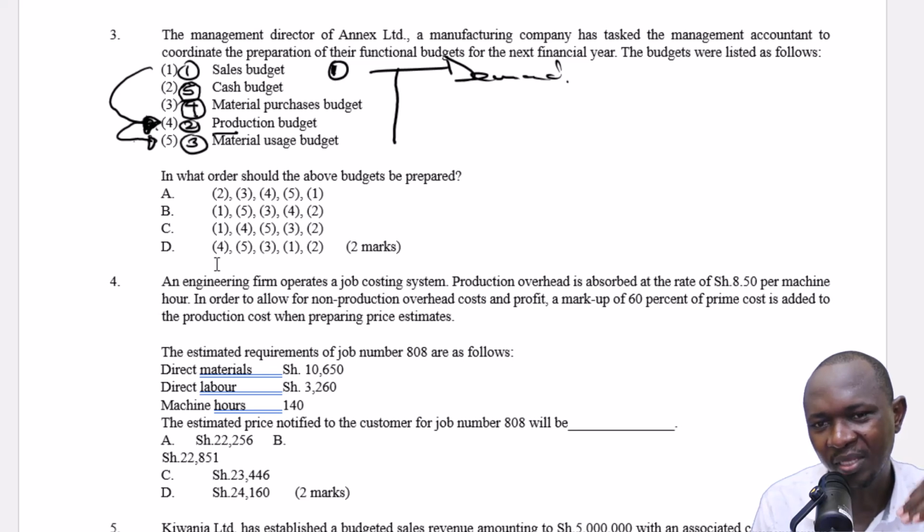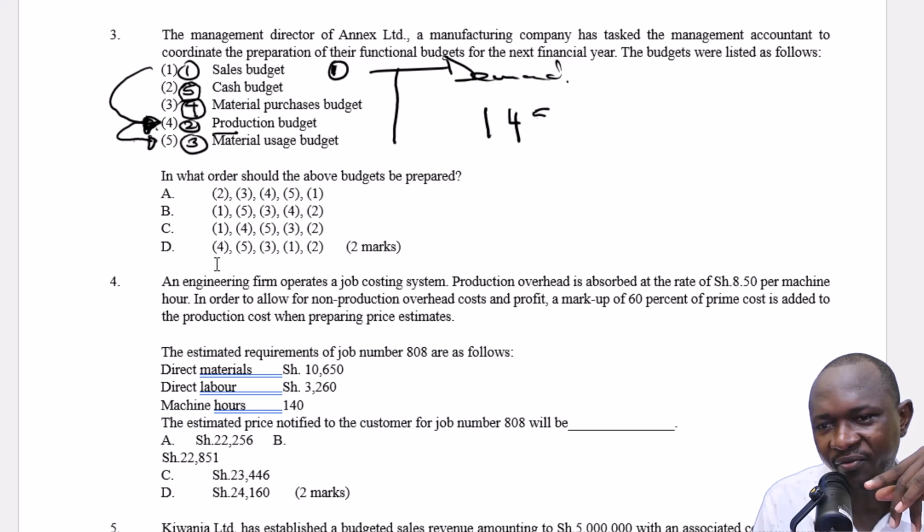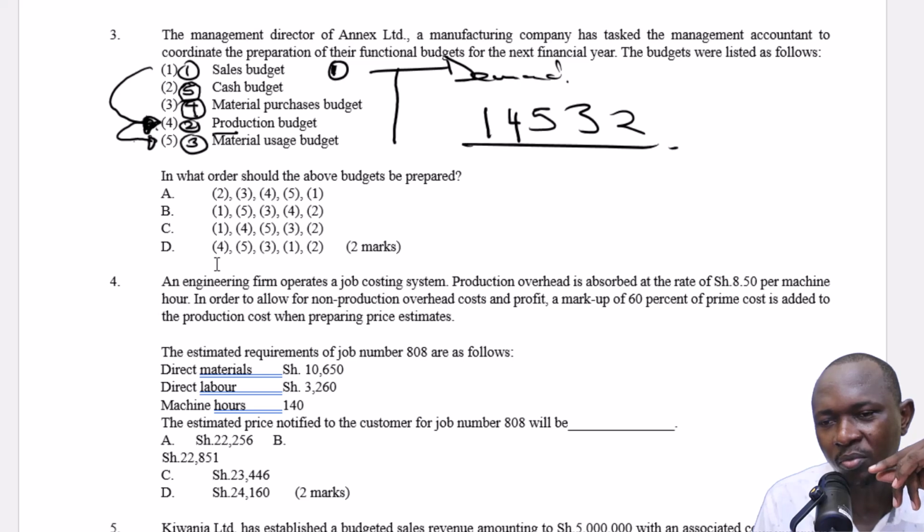Normally we talk of receipts and payments, so the receipts will be here, and the payments will be here, from the material purchases budget. So the right order will be: 1 will remain at 1, then number 2 will be 4, then number 3 will be 5, then step number 4 will be 3, and lastly step number 5 will be 2.